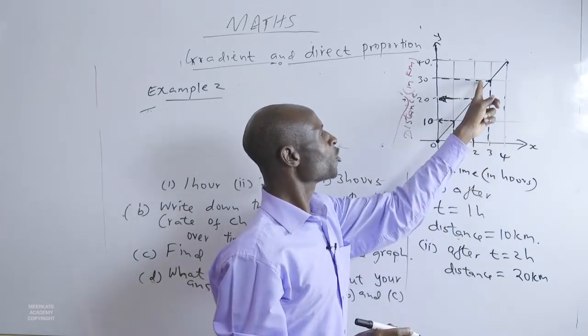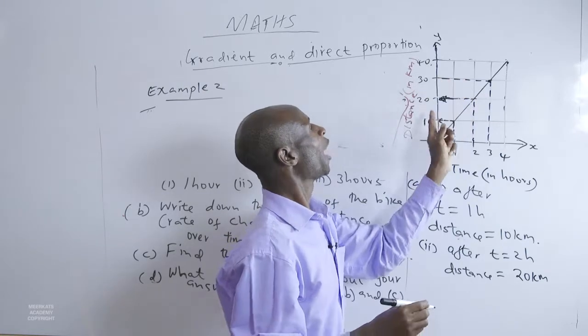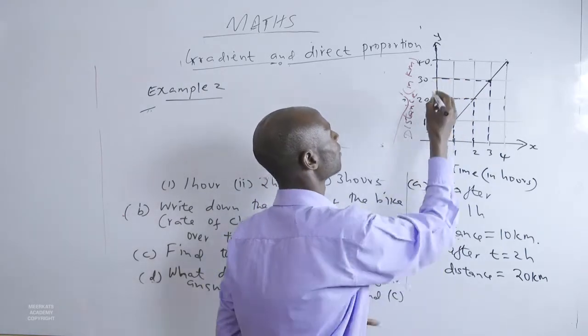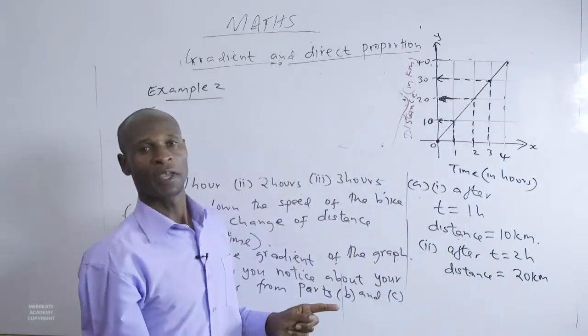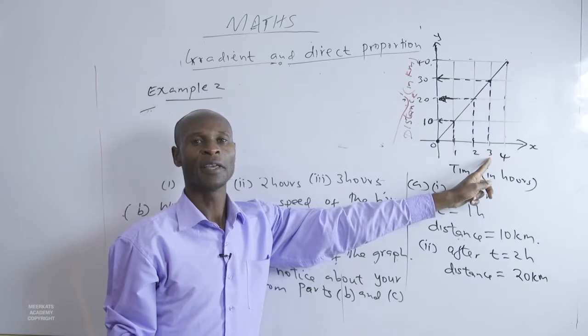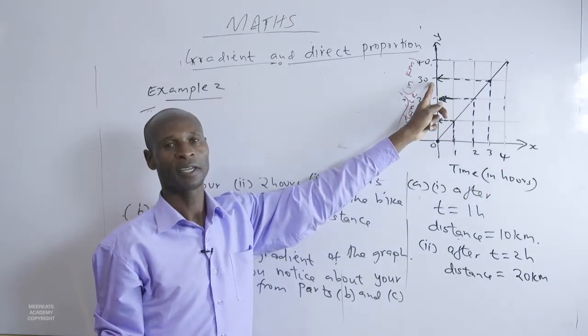Then you draw a straight line again using the ruler to identify that point on the y-axis. In this case, when t is 3 hours, the distance traveled has been identified as 30 kilometers.